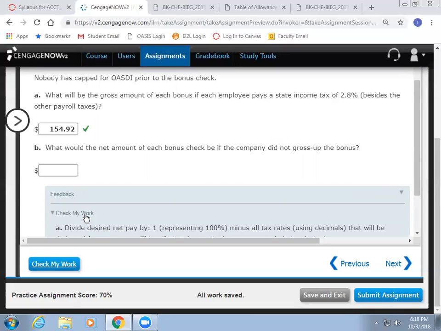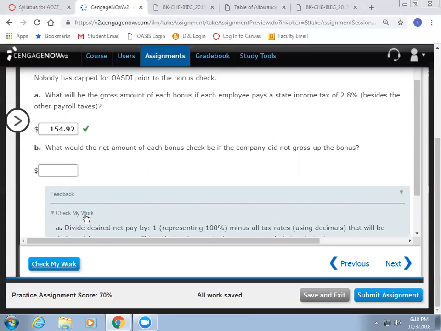So, $100 minus federal. Well, federal is 25%, so it'd be $25. Minus $6.20 for Social Security, minus $1.45 for Medicare, and minus $2.80 for our state withholding. So we would get $64.55.